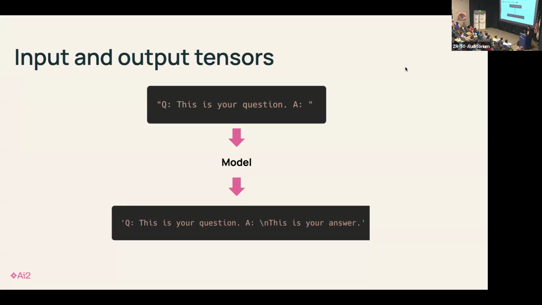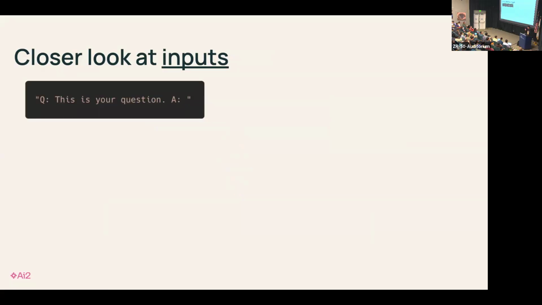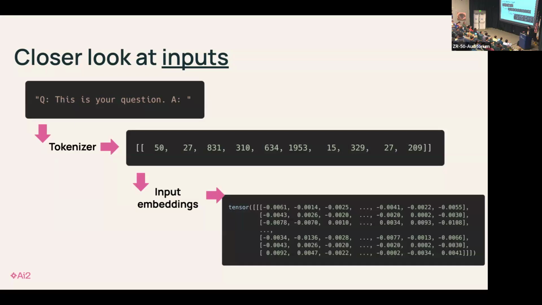We've played with them before. But let's look a little closer at what actually happens here. When you have your string, like Sewon described earlier, this passes through a tokenizer, which turns your string into something like this, just a bunch of numbers. These numbers are basic indices that index into your input embedding matrix, which turns your entire thing into tensors.